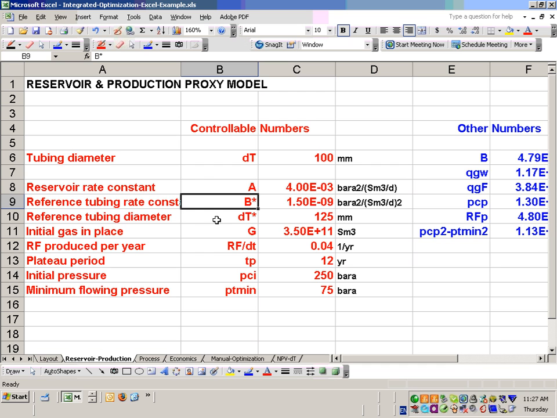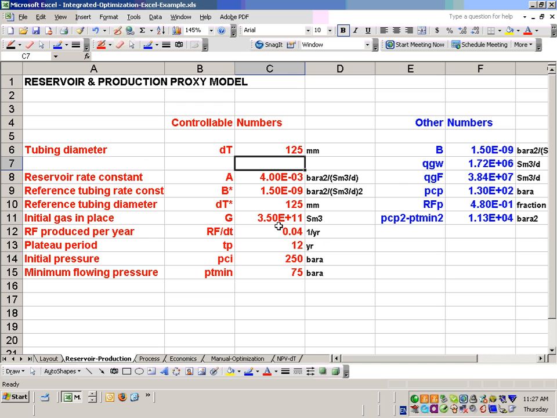This tubing constant is for a specific tubing diameter. Now you can change this one up here to 125, and the actual B that's used in the rate calculation is given over here. If you use the same tubing diameter as this, then you get the same tubing constant.